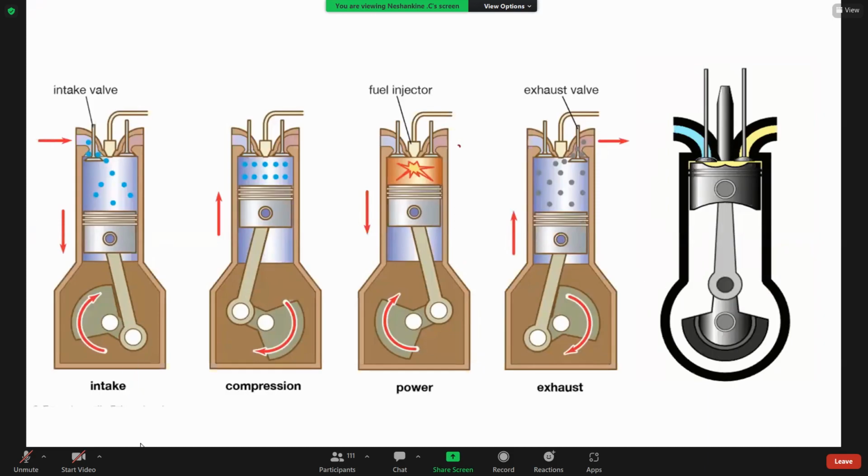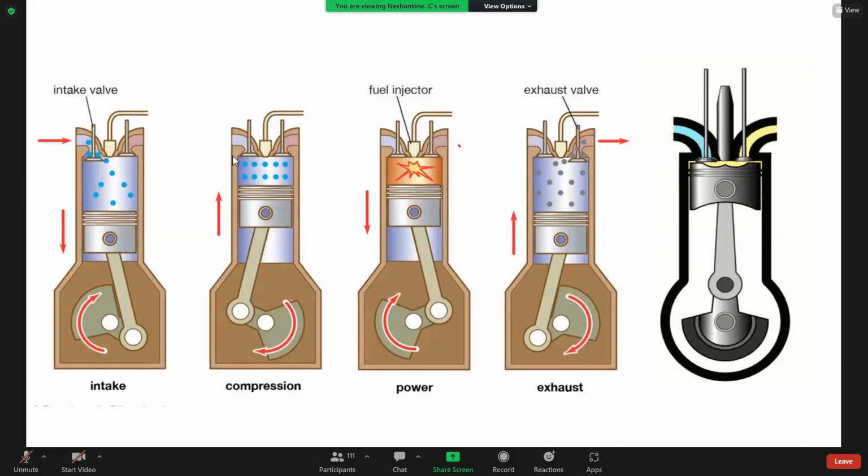First one, intake. During intake time, the intake valve opens. At that time, fresh air comes inside this chamber. Then compression. During this time, the piston moves upward.